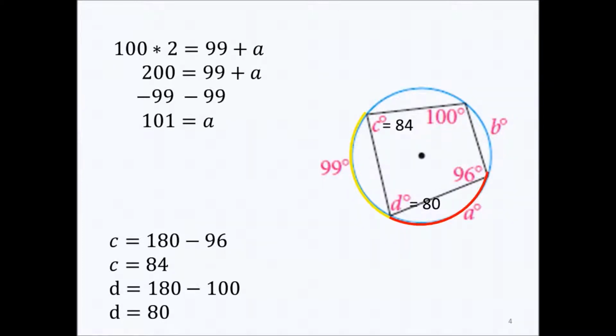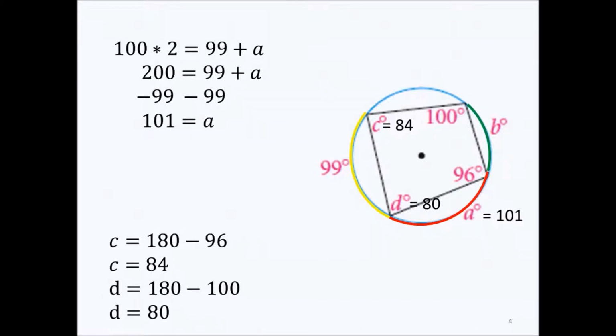Finally, we have to find the measure of arc B. What we have to notice in this case is that arc B is a part of an intercepted arc along with arc A. So arc A plus arc B is equal to the intercepted arc of angle C, which is 84.